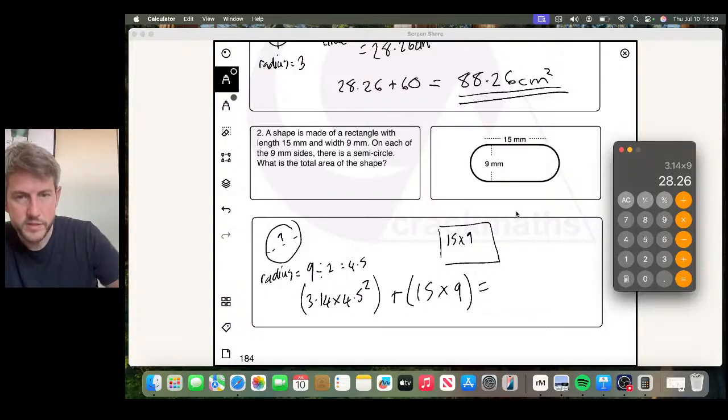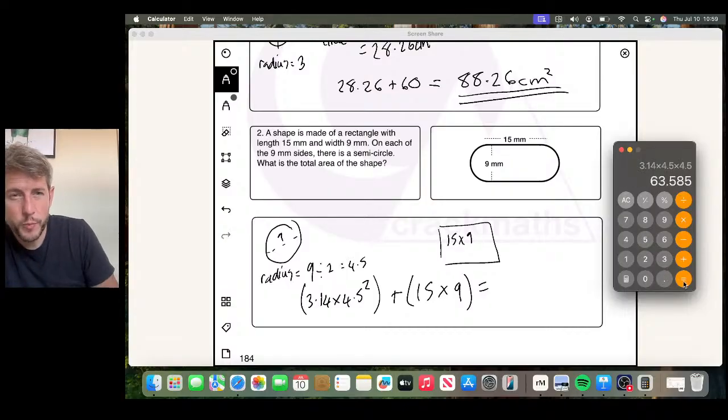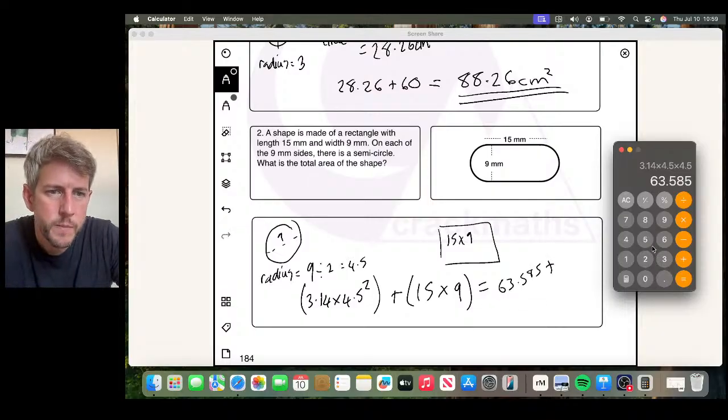Okay, so let's work these bits out. So we've got 3.14 times 4.5 squared, which is 4.5 times 4.5. So that will be 63.585 for this bit, and then 15 times 9 is 135.